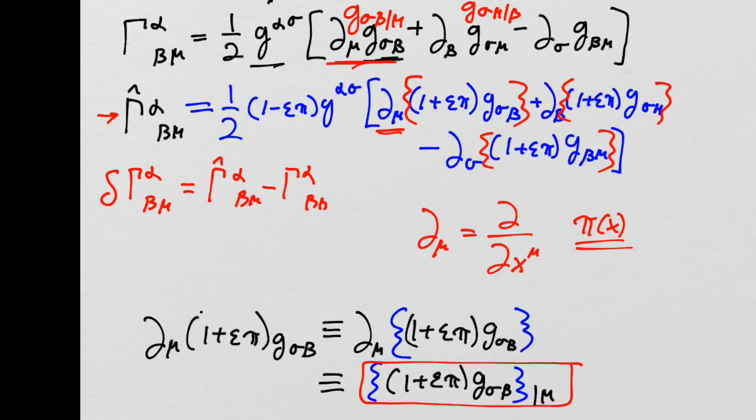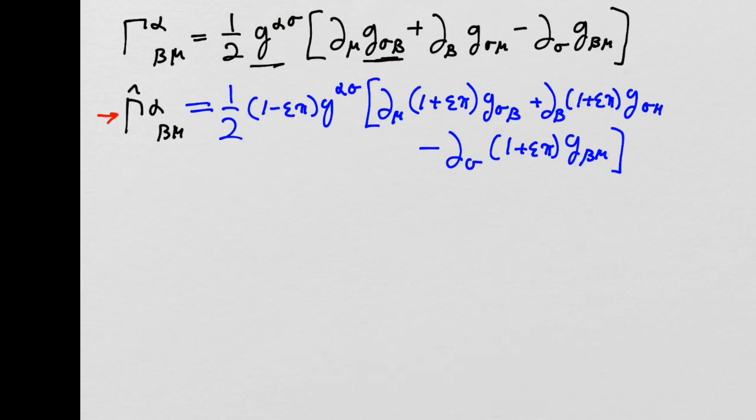But ultimately, we need to just take the difference. We need to subtract from this. So there's a little good news at the front end, right? We're trying to calculate delta, or the variation alpha beta mu, which is hat alpha beta mu minus gamma alpha beta mu.